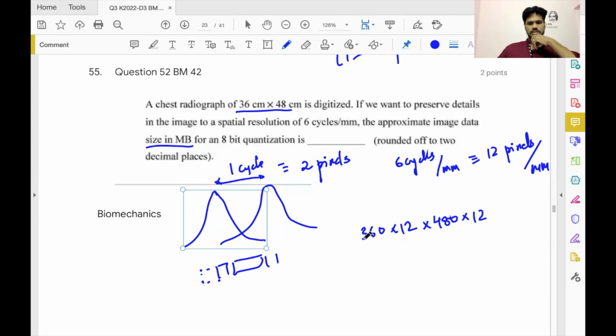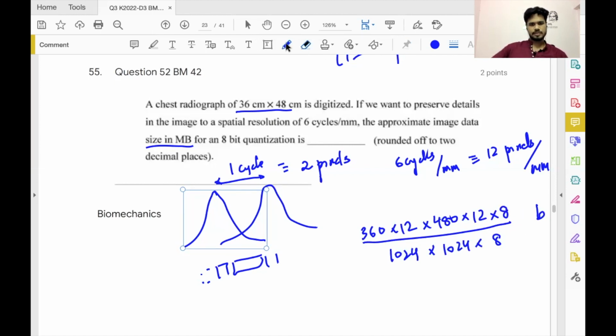So these many pixels, and per pixel we have 8 bits. So these many bits. Now we want things in megabytes. How do we convert number of bits to bytes? You divide by 8 once, you get the answer in bytes, divide by 1024 once, you get the answer in KB, and divide by 1024 again, you get the answer in megabytes.